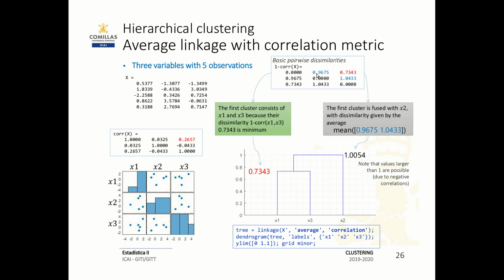So the distances between x2 and the other two variables, x1 and x3, are these two numbers in blue, and then we compute the mean. The mean is 1.005, and then x2 comes together with the group x1 and x3 at 1.005. So the point is that we merge the groups in this axis, at the height given by the distance between the different groups.